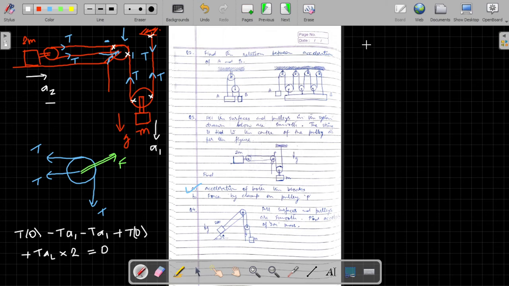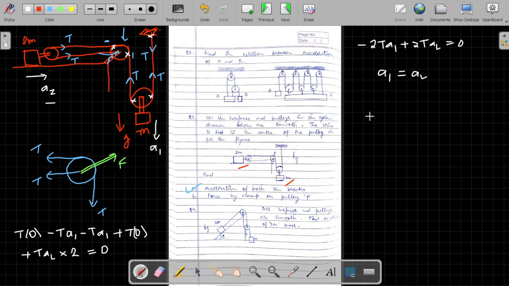So we get the equation minus 2Ta1 plus 2Ta2 is equal to 0, or we can say that a1 is equal to a2. So both the accelerations of the blocks of mass m and 2m would be the same.